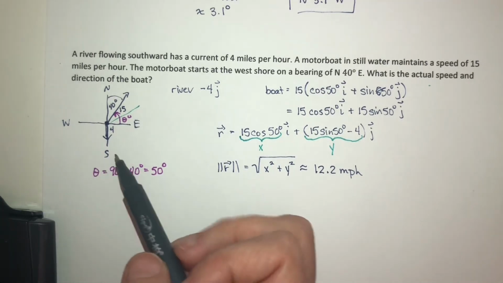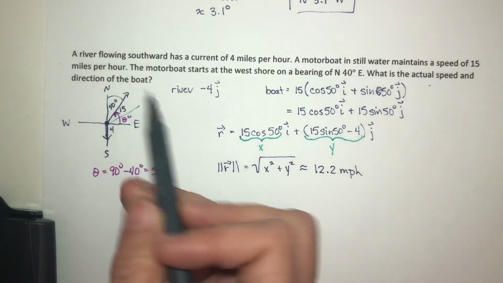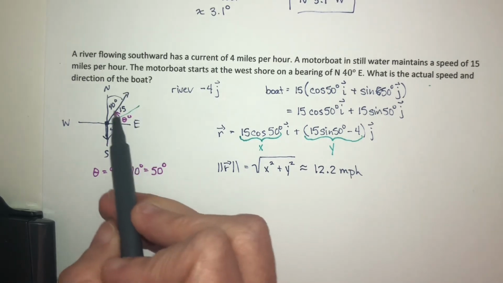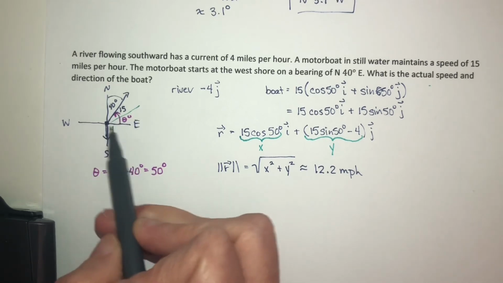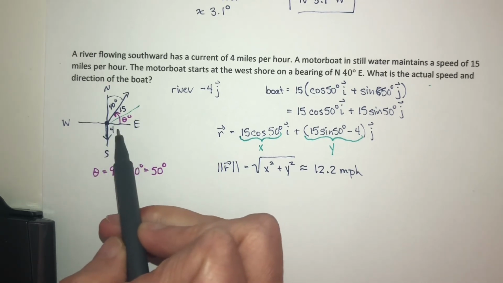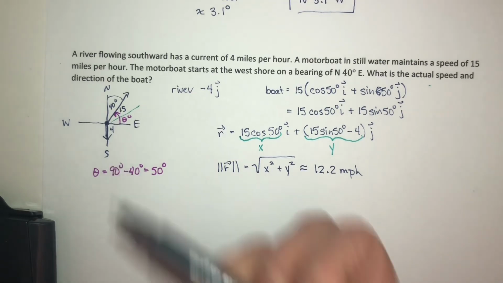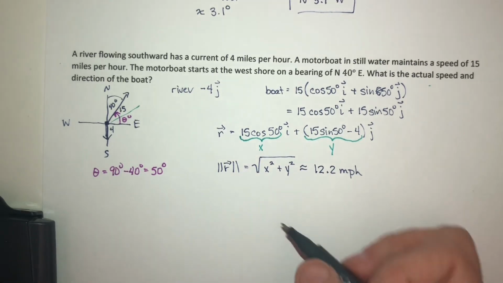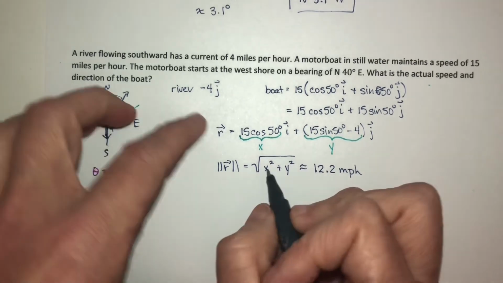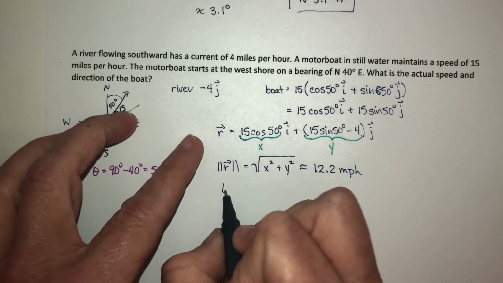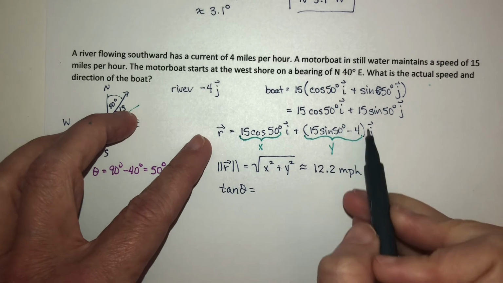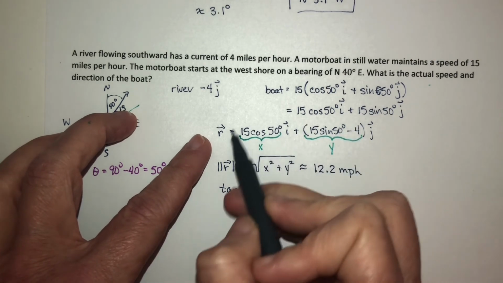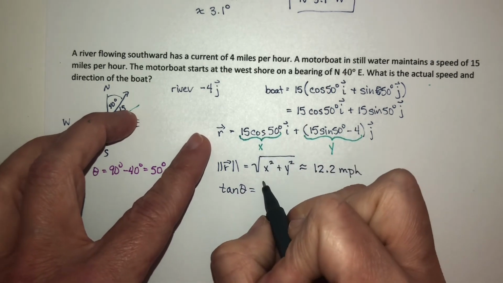Now, I need to find the bearing, which means I'm going to calculate this theta, because theta is going to be the angle between the x-axis and the resultant. So tangent of theta is going to equal all of this over all of this.